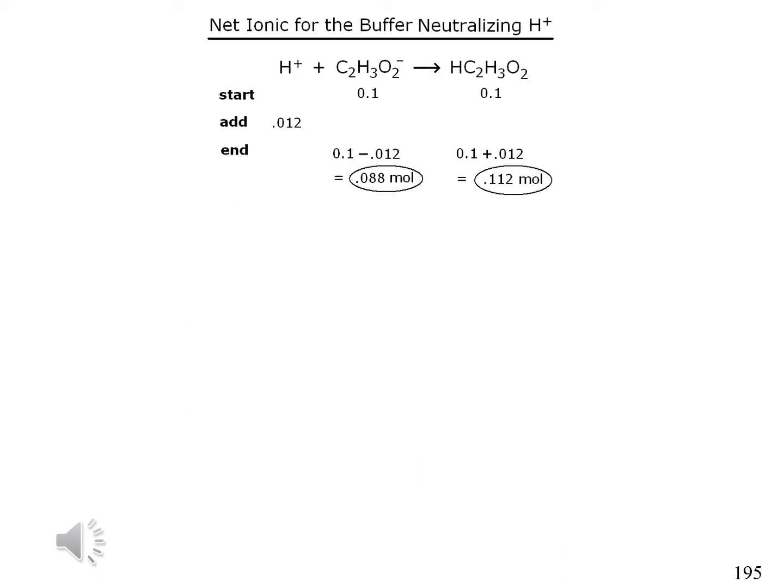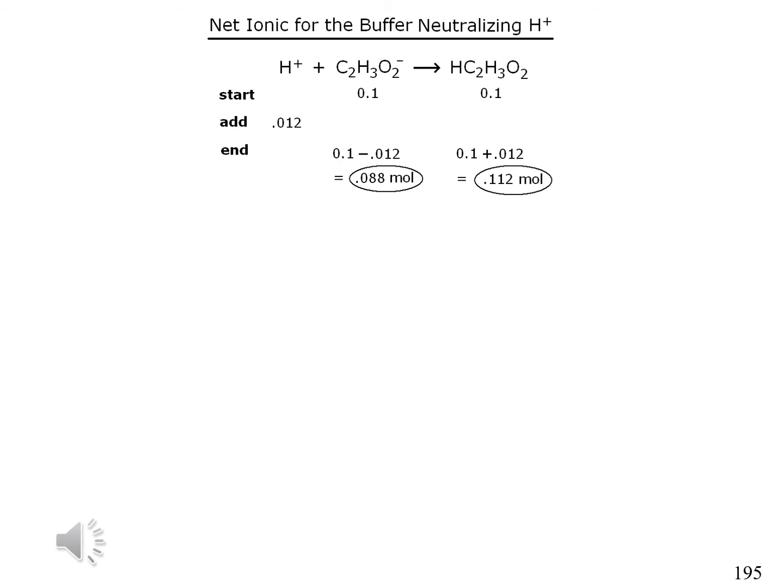I showed this net ionic where H plus sticks to the acetate, and it says in the problem that we're starting with 0.1 of each. This is not really a nice table. It's more like a stoichiometry table, but everything is 1 in front of all the substances, so you don't really have to do mole calculations.